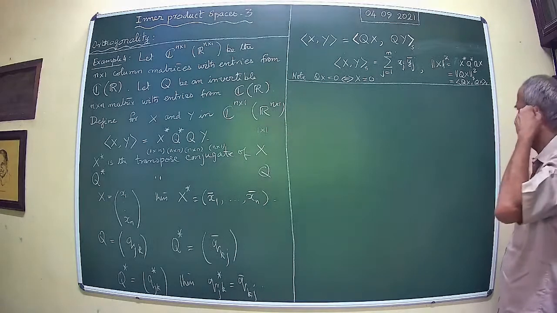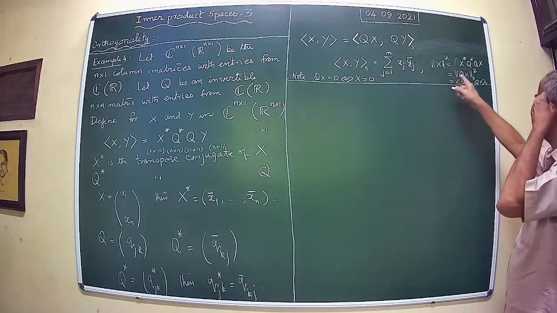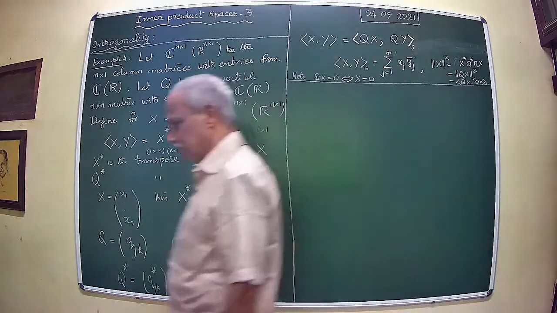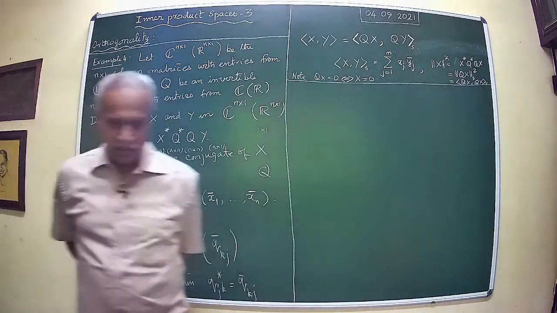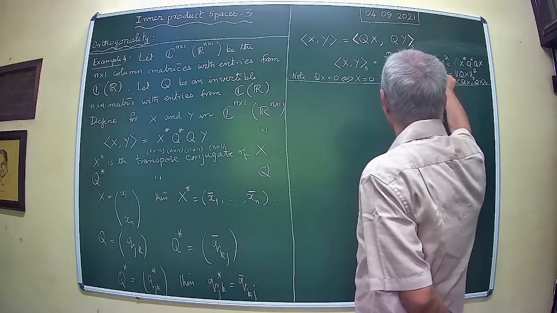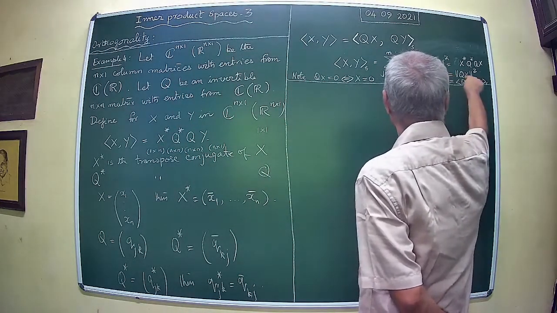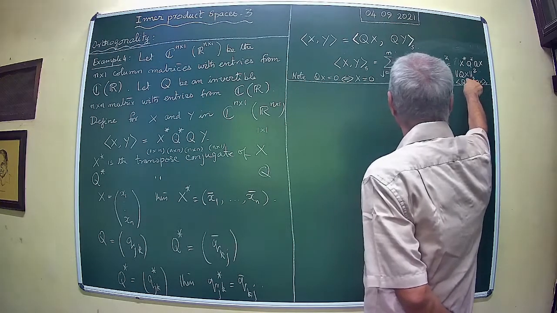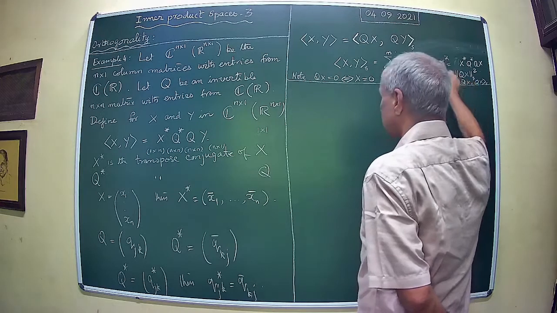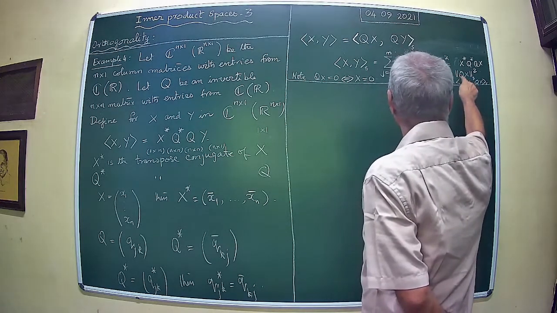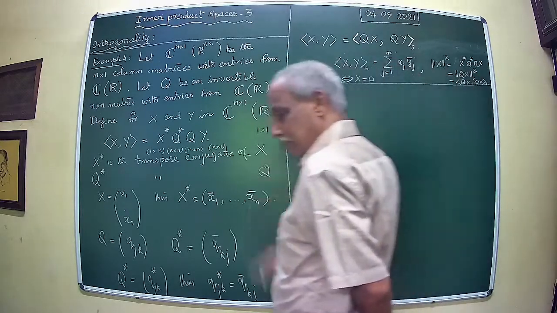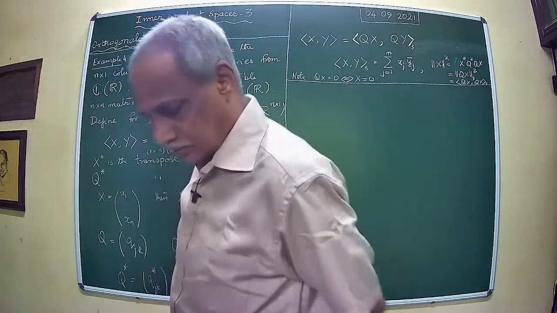So we make use of that. That is, norm of x equal to 0 means the norm of Qx in the standard inner product equal to 0, and since Q is invertible, this implies Qx equal to 0. That is possible when x is equal to 0. So that proves it.